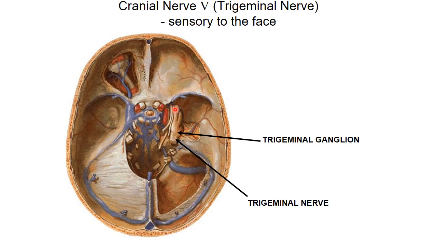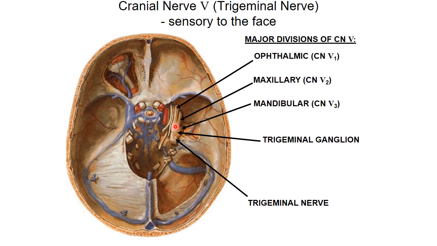Now we work this way anteriorly. What we see next is that the trigeminal nerve, just beyond the trigeminal ganglion, is going to split up into 3 divisions. Okay, so going from superior to inferior, they're all going through different openings in the skull. We'll talk about those in a different lecture. Okay, but from superior to inferior, the 3 divisions are the ophthalmic division of the trigeminal nerve.